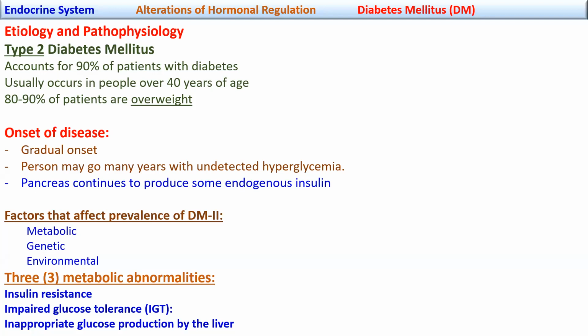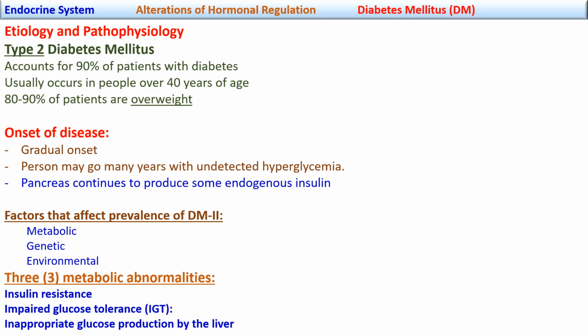The onset is usually gradual, and the pancreas continues to produce some endogenous insulin, but the insulin produced is insufficient, inadequate, or poorly utilized by the tissues.